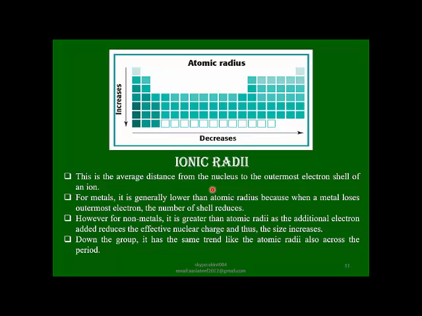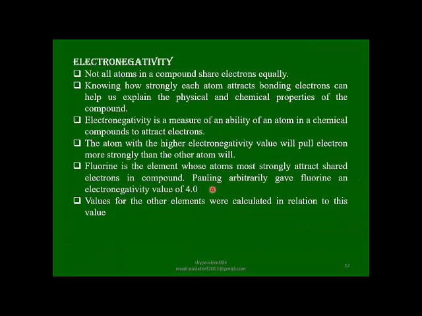So it is the same for other non-metals. For metals, when they lose electrons, the size reduces. When non-metals gain electrons, the size increases. Down the group and across the period, the same trend as we observe in atomic radius.